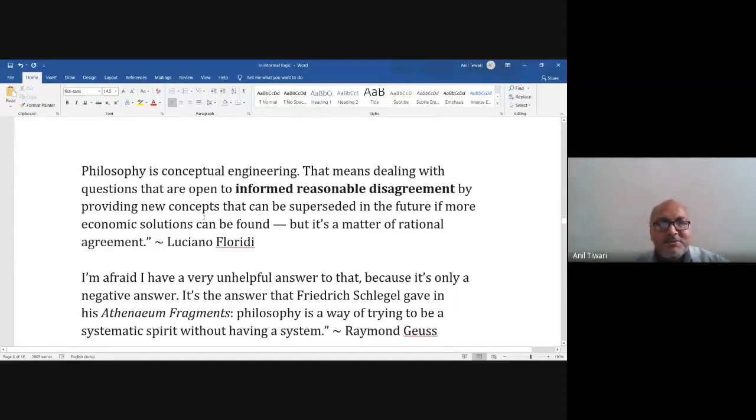So in what sense do you do engineering, conceptual engineering, right? The expression is used because engineering is nowadays very popular. Everyone looks to join that, right? So it's using popular terminology to communicate what philosophy is essentially. So it's conceptual engineering, which means it deals with the questions that are open to informed, reasonable disagreement.